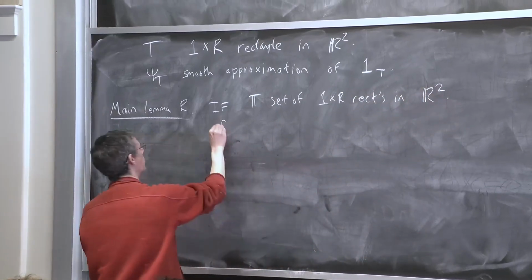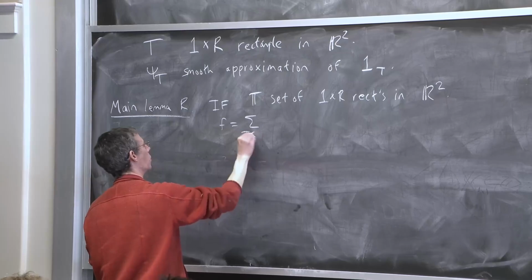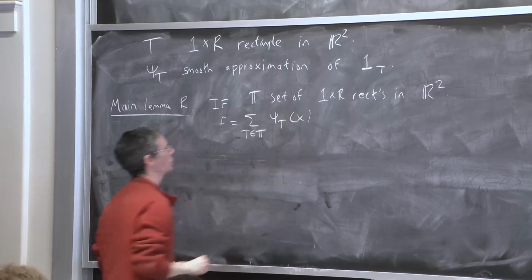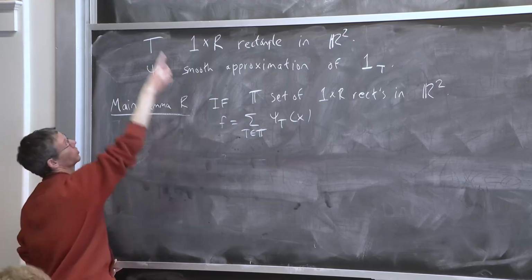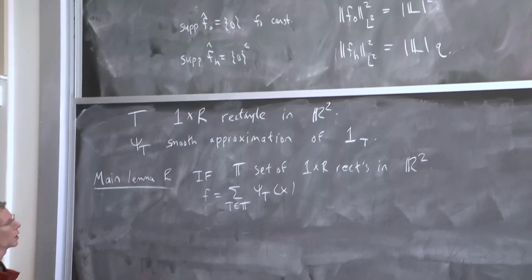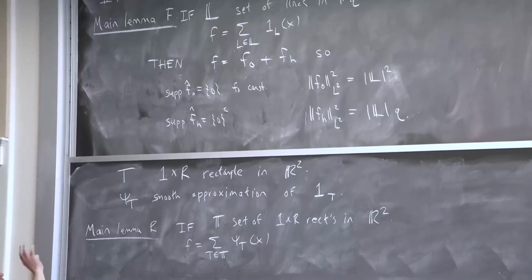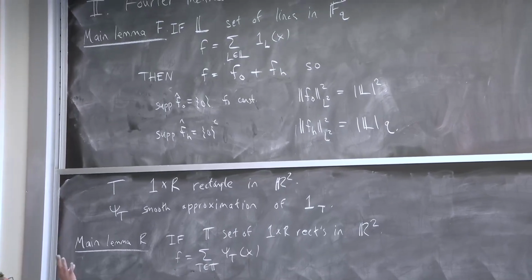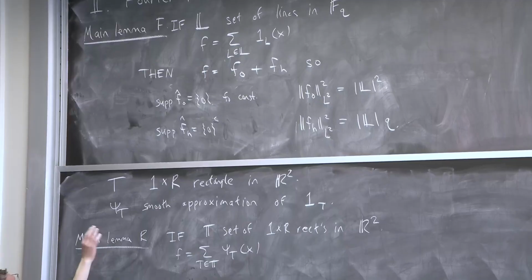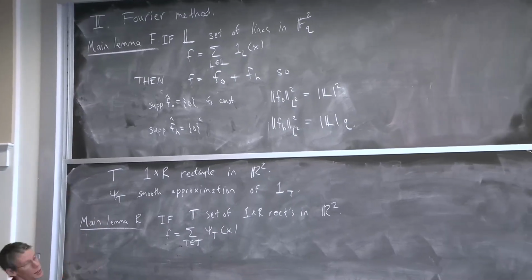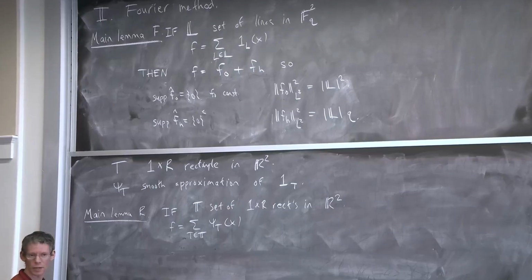And then F is the sum over all the rectangles of this smooth characteristic function. And that plays the role of the function f up there. OK. And then we're going to break this function up into pieces. There are going to be low-frequency pieces that have the advantage of being kind of constant. And there are going to be some high-frequency pieces that have the advantage of being small.